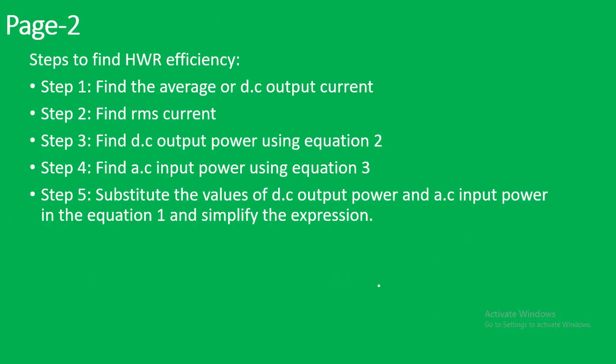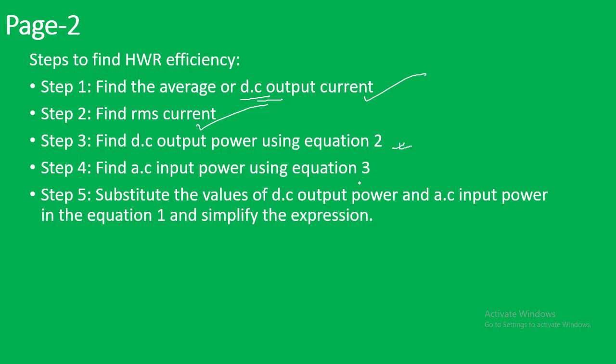Okay, so these are the steps that we are going to follow to find the efficiency of half wave rectifier. First step, we have to find the expression for the average DC output current. Then we will find the expression for RMS current. Then we will find the DC output power by using equation 2 from the previous slide.